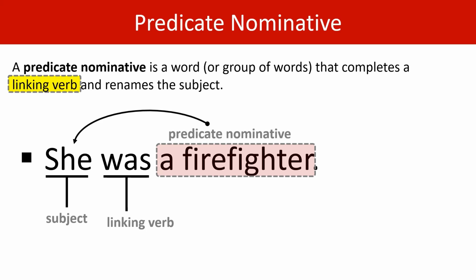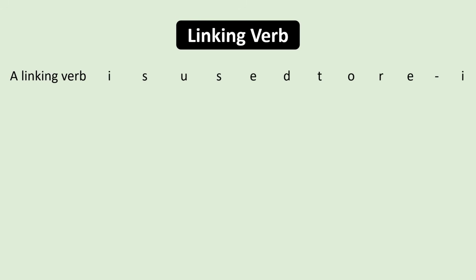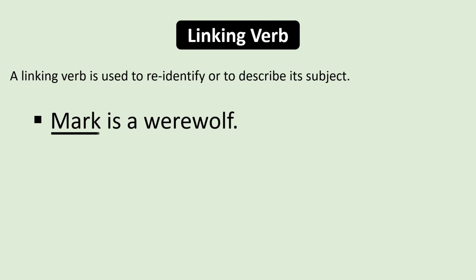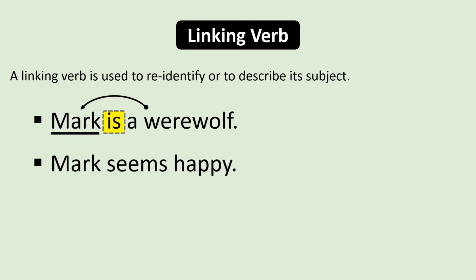Okay, as promised, let's talk a little bit more about linking verbs. A linking verb is used to re-identify or to describe its subject. So, here is the subject of this sentence. This is the linking verb. And the linking verb is used to re-identify Mark. Here is another one. Once again, the subject is Mark.